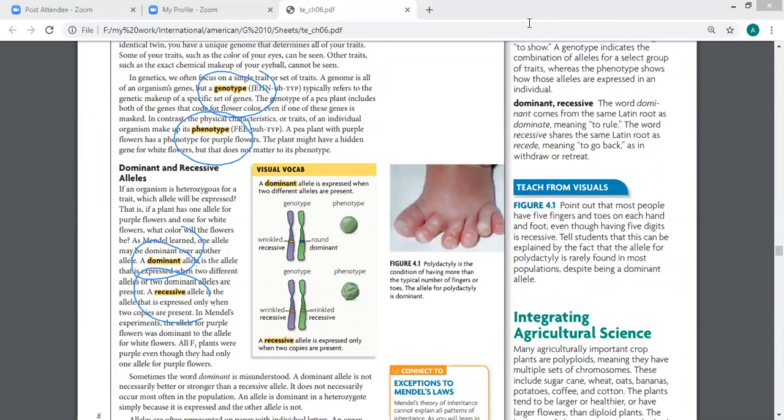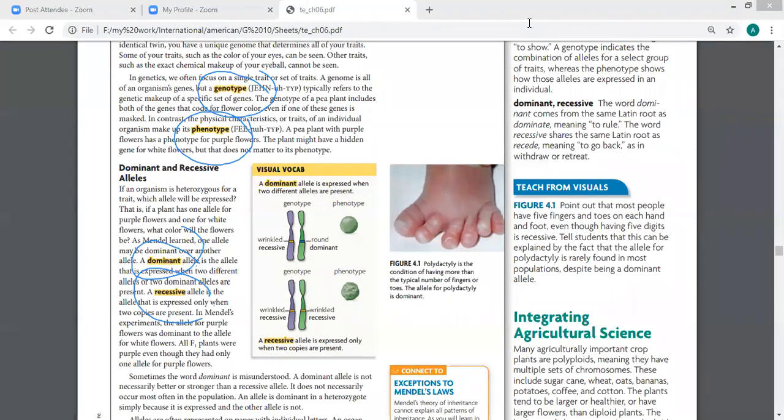You inherit a gene from your father and the same from your mother. When the two genes you inherited from your parents are dominant, your dominant trait appears. If they are not present, the recessive trait appears.